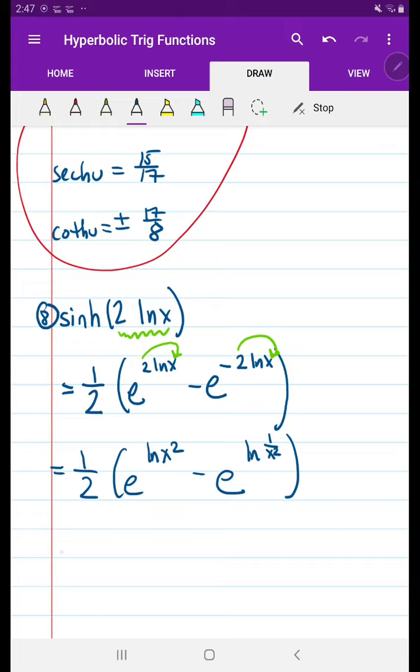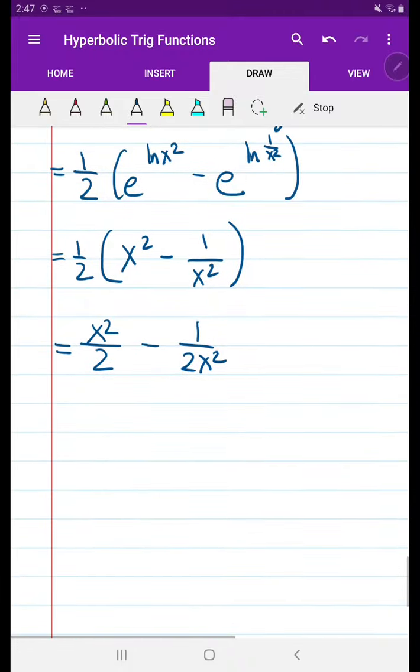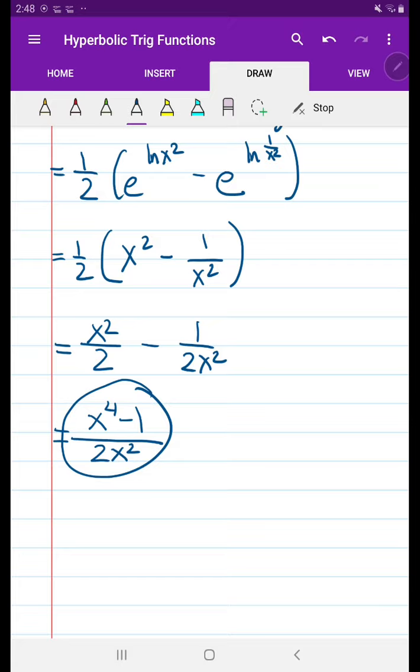And then, if I have e to the natural log of something, the e and the natural log just cancel, and so then this becomes x squared minus 1 over x squared, right? And so then if we distribute our 1/2 through, we're going to have x squared over 2 minus 1 over 2x squared, and we can simplify that and get things over one denominator, and so I'll have x to the 4th minus 1 over 2x squared, okay? And so this would be my final answer for number 8.